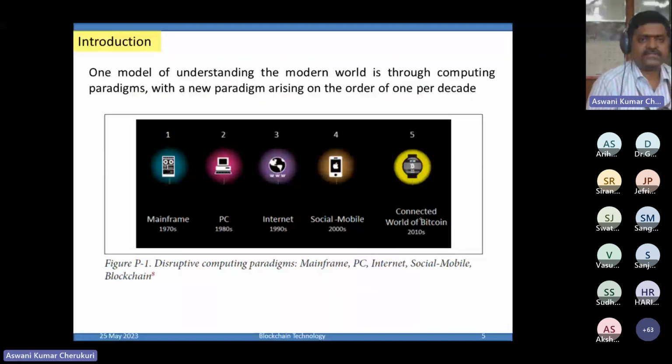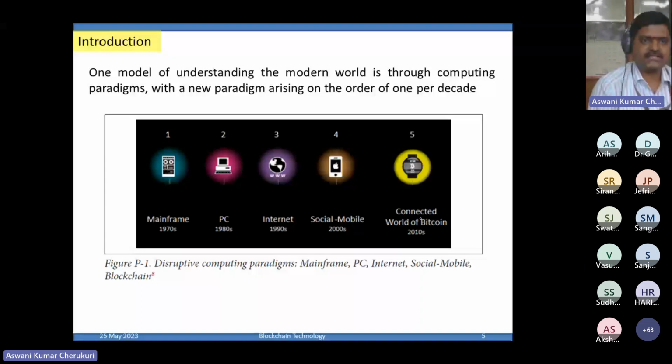Now, all of us are in the computing profession, either as a student or as a faculty or as professionals. Among all the disciplines and domains, computer science and information technology is the youngest one. Whether it is chemistry, physics, or biology, when you compare, computer science is a relatively young discipline with almost 100 years of age.